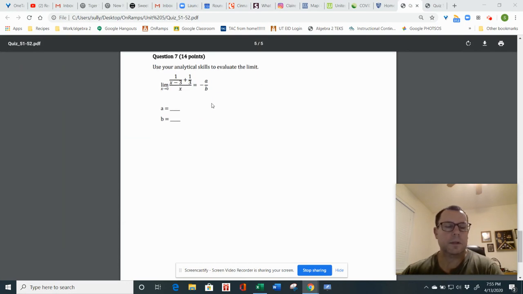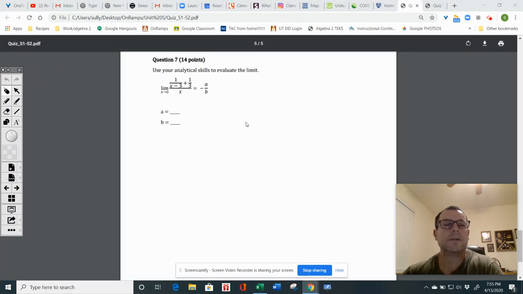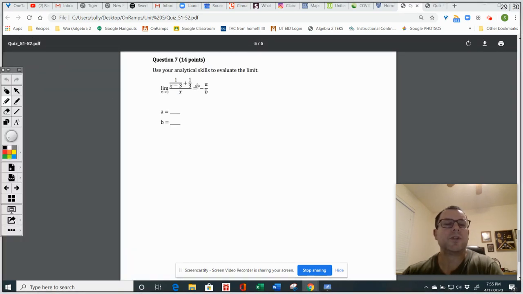So I think this is the last problem. It is. We're going to use our analytical skills to evaluate the limit as x approaches 0 of this function. Again, the first thing that we would do is just plug in 0 and see what happens.